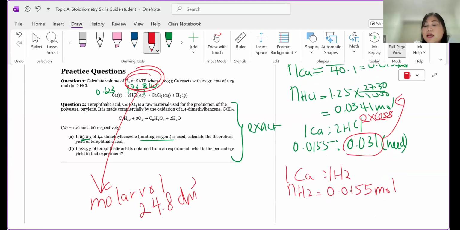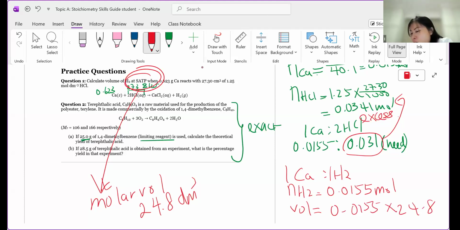So the volume will be equal to moles times molar volume. So 0.0155 times the molar volume, 24.8. 0.0155 times 24.8.